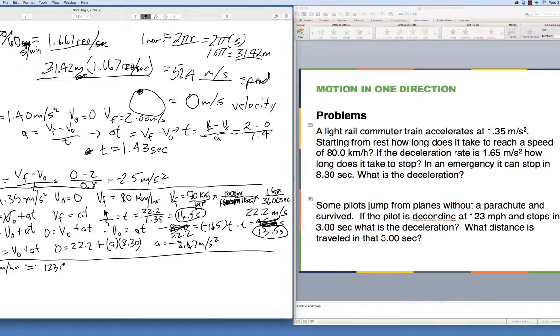Okay, so we have 123 miles divided by hours, and we multiply that, and we know our 1 hour is 3,600 seconds. So that's the easy part. And there are approximately 1,600 yards in a mile.